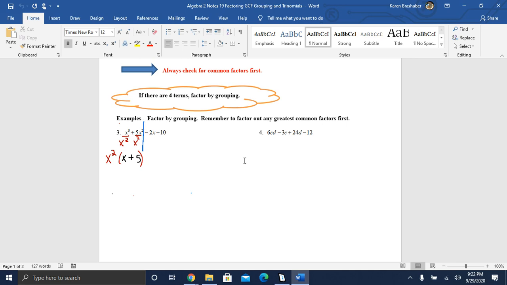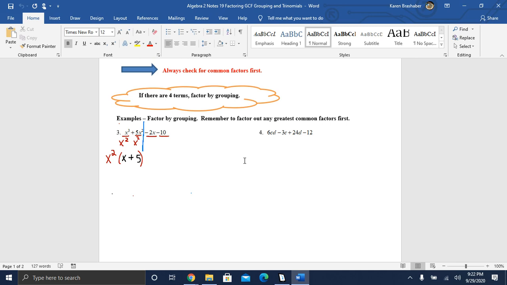Now I'm going to move to my second 2 terms, and I have to think about what can I divide by. Now I have a hint because I know an answer that I want to get. I want to get an answer in a parentheses of x plus 5. So I can use that, especially with my 10, to think about what can I divide by.